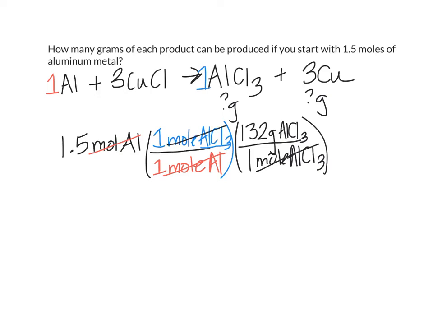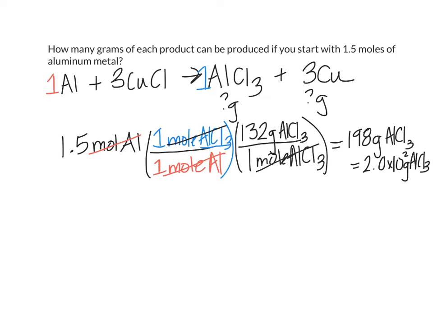So the moles cancel out, and I'm left with just grams of aluminum chloride. That comes out in my calculator to be 198 grams of aluminum chloride. But because our given information has 2 significant figures, we have to round this to 2 sig figs. So we get 2.0 times 10 to the second grams of aluminum chloride.